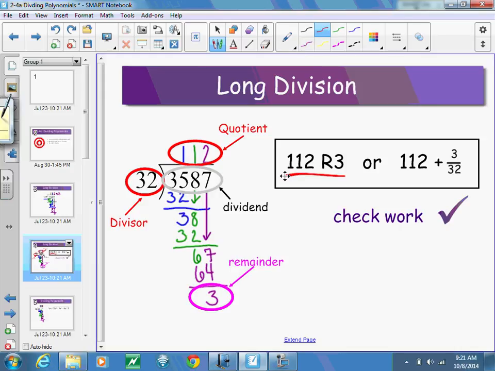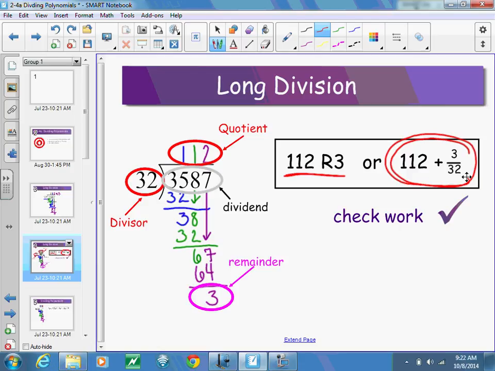The way that you probably did it in middle school or elementary school was 112 with a remainder of 3. What we're going to be doing now is actually looking at the fraction form, because you are getting a full 112 out of this, and the remainder is still part of 32, so we're going to be leaving it as that fraction.